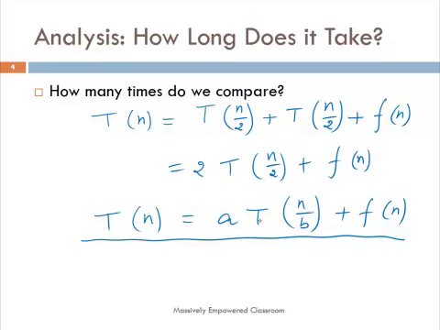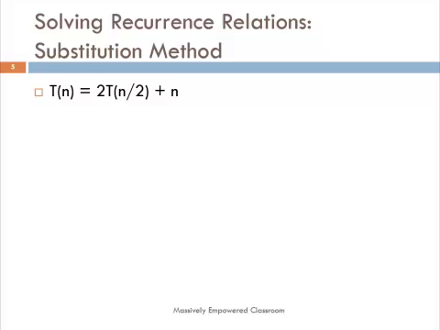In this case, we are dividing the problem into size n divided by b, and we get a such things. So it's a times t n by b plus f of n. Here again we are assuming that each of the subproblems is of the same size. In general, divide and conquer can also divide a problem into subproblems of unequal sizes, but we will consider only this case of equal size subproblems.